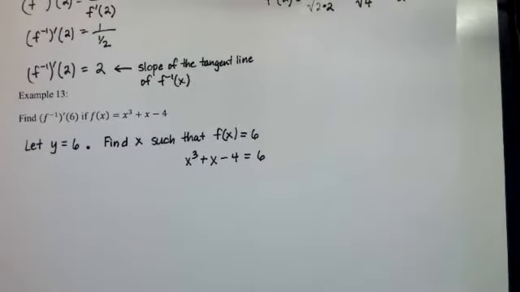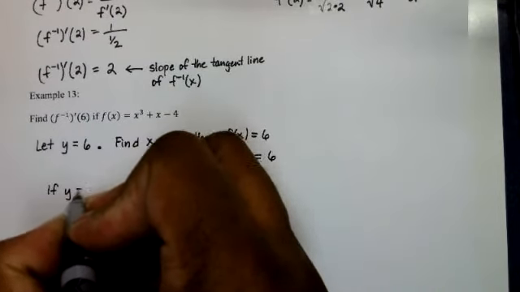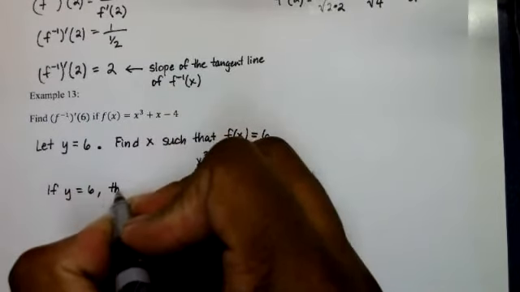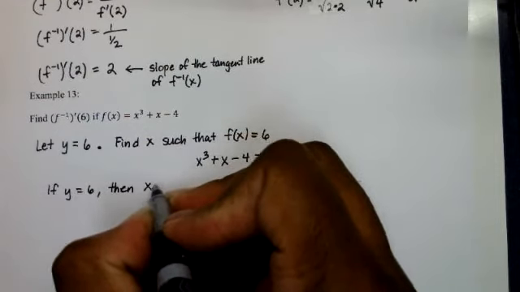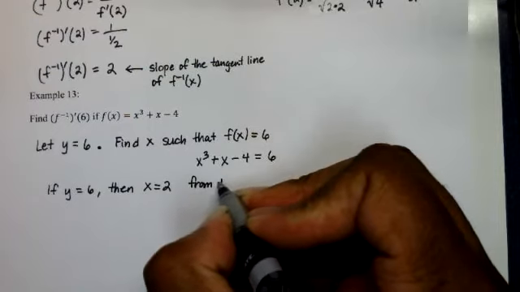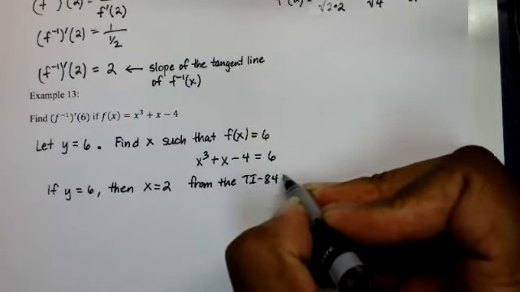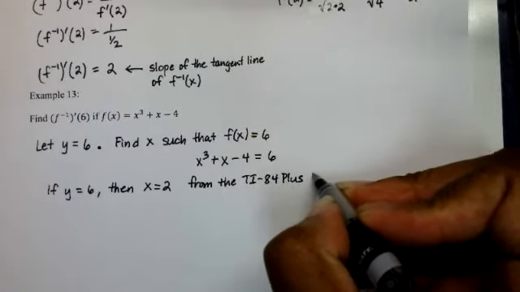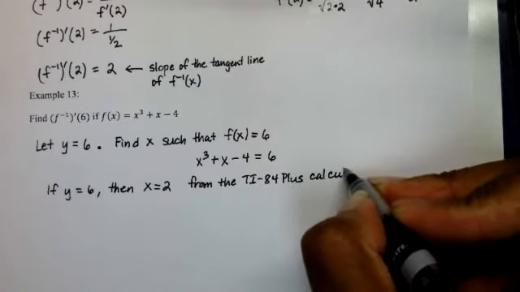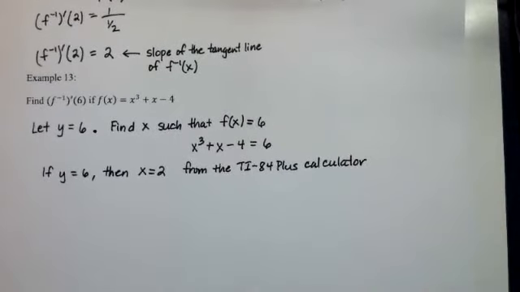So if y is equal to 6, then from the calculator, x is equal to 2, and this is from the TI-84 Plus calculator. Since y is equal to 6, that means that x has to be equal to 2.